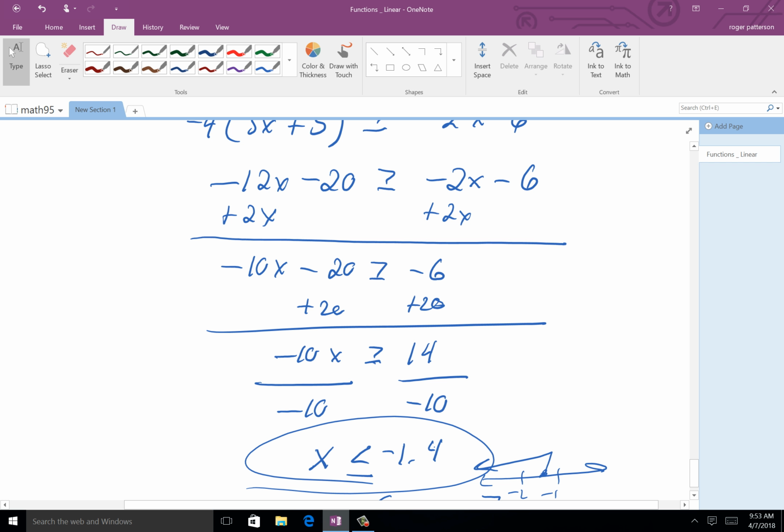There's that. Okay. The only thing you have to know is with this particular compound inequality, if I read this, it would be read like this: 2x plus 4 is greater than or equal to 3, and 2x plus 4 is less than or equal to 8.